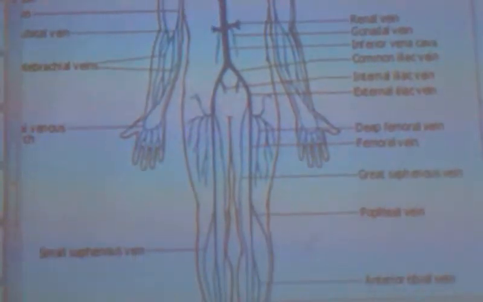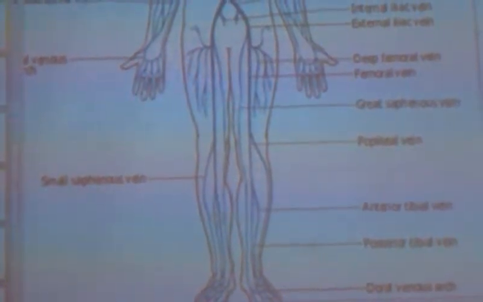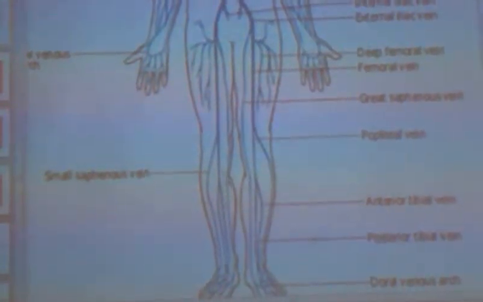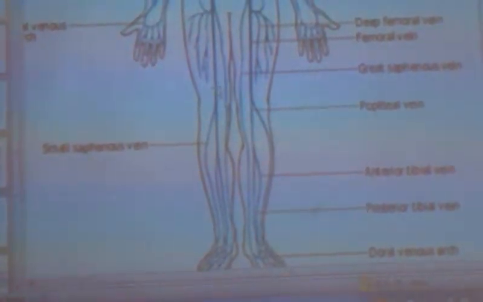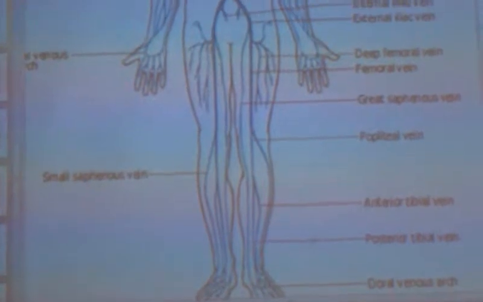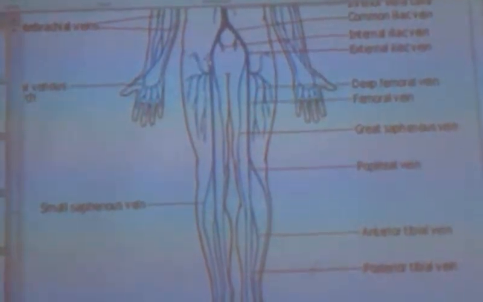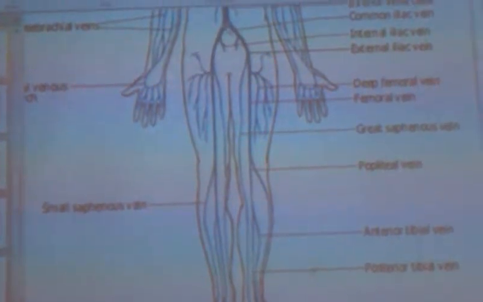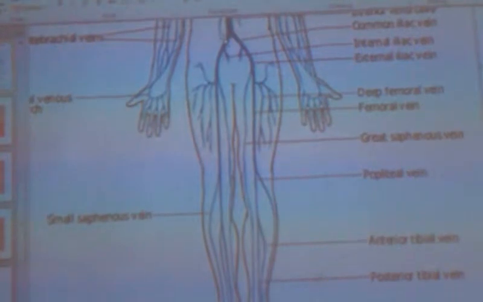Okay? Draining the legs. Okay, we have our anterior and posterior tibial veins. Here's on the right side. We have our right popliteal vein going to the right femoral vein to the right external iliac vein. That will then lead to the common iliac vein on the right side.